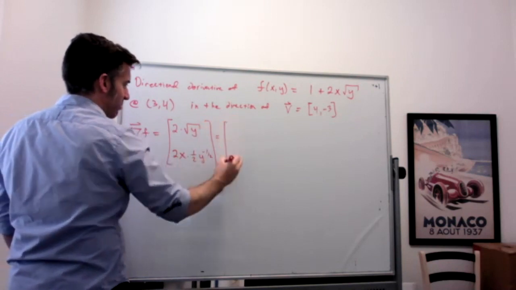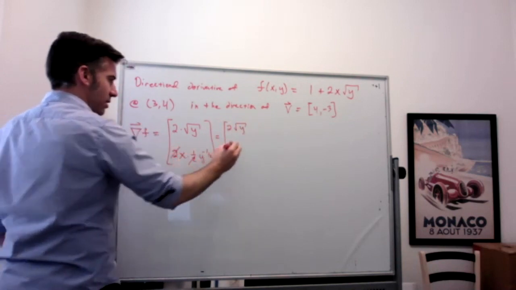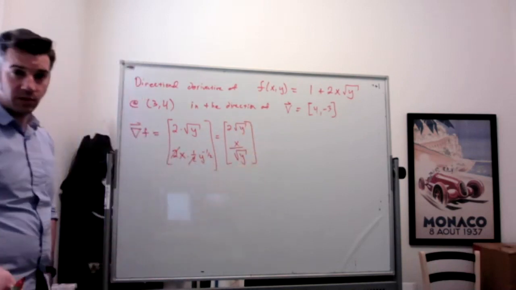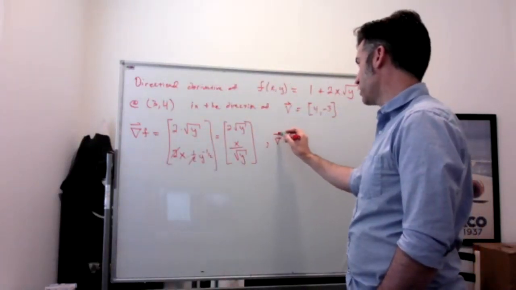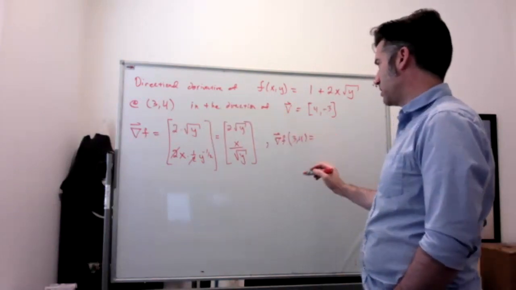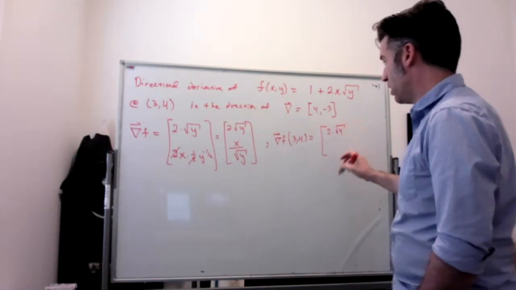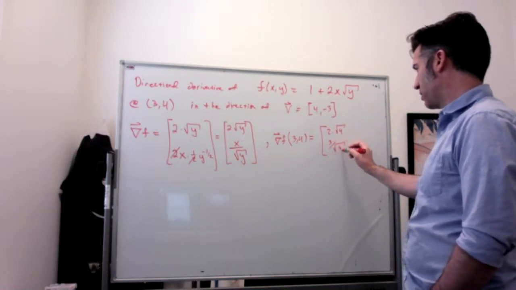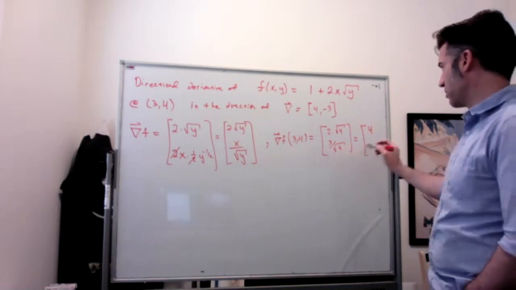Simplifying, the 2's cancel, and you get x divided by the square root of y. Then to find the gradient at my point, I plug in the point 3, 4: for x equals 3 and y equals 4, I get 2 times the square root of 4, and 3 divided by the square root of 4. So my gradient here is 4, 3/2.